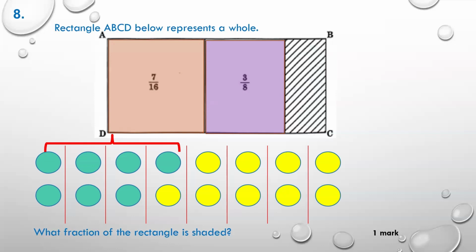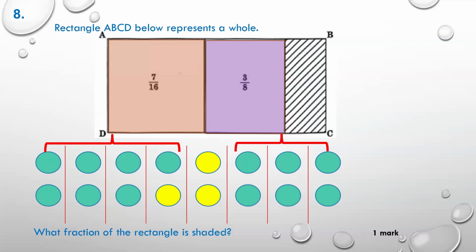So we have 8 columns, representing how we divided the whole, and we want to get 3 of those columns. So let's look on the right-hand side. Let's take those 3 at the end. So 3 out of those 8 columns will represent 3 eighths. 1 eighth, 2 eighths, 3 eighths.